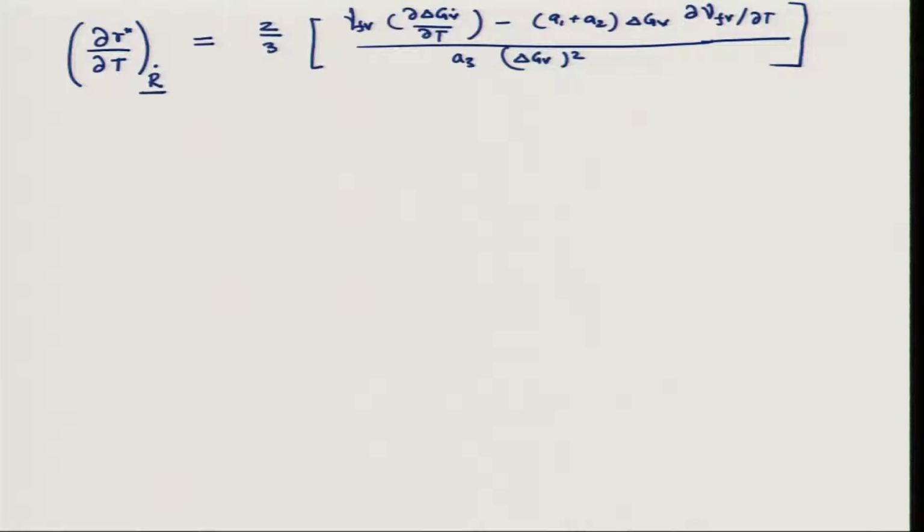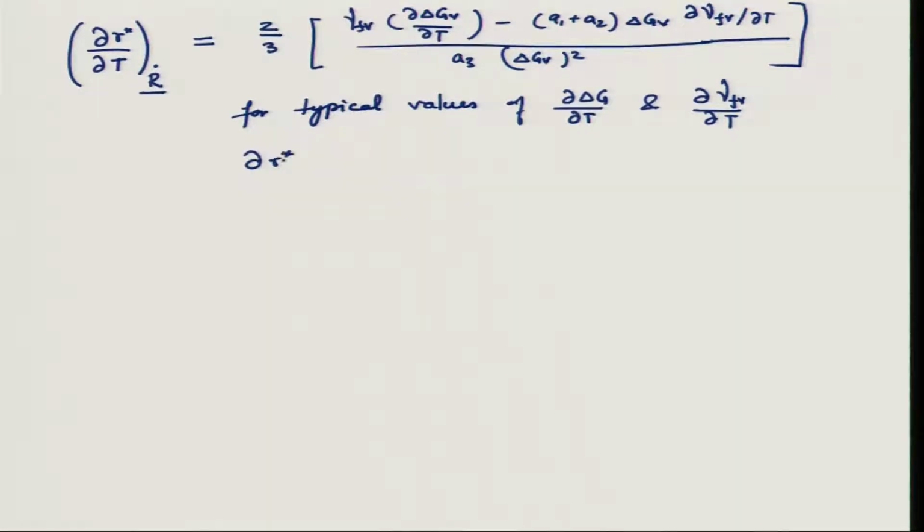Now, what we can say for typical values of d delta G over dT and d gamma Fv over dT, what we will get is that this function dr star over dT at a constant rate of deposition is more than 0. Okay. So, this is a positive quantity.